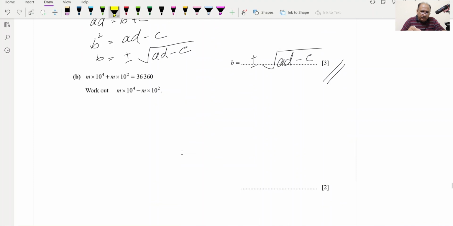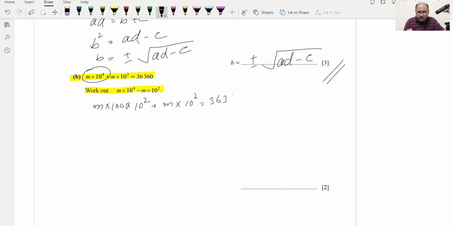Now part B says m into 10 to the power 4 plus m into 10 to the power 2 is equal to 36360. Work out this one. So what we can do, we can rewrite m into 10 raised to the power 4 as m into 100 into 10 raised to the power 2, plus m into 10 raised to the power 2, which is equal to 36360.